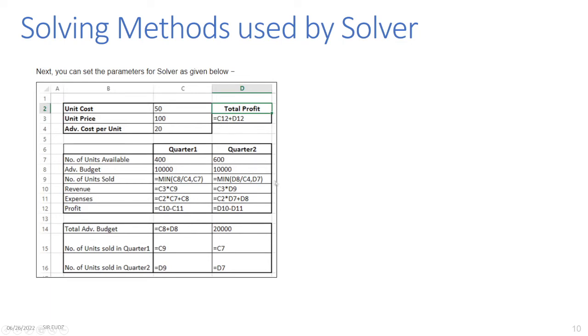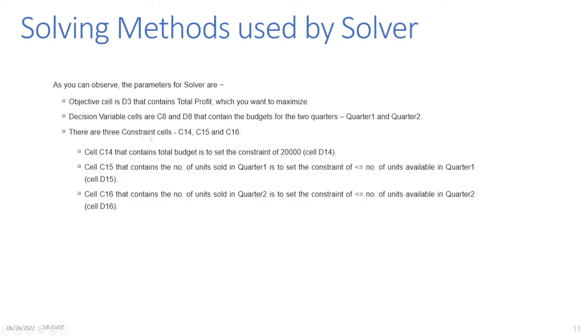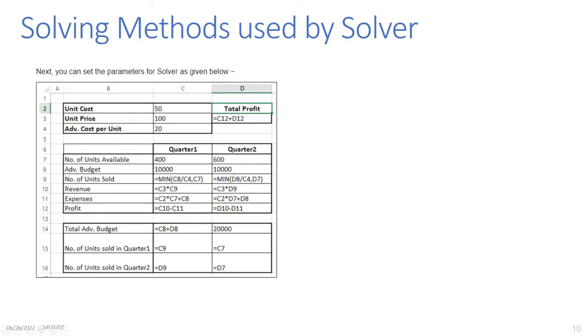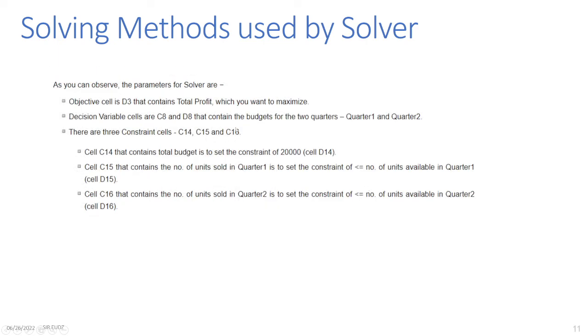This is what we want to maximize. Decision variable cells are C8 and D8. So we would like to know what will be the optimal budget for the first quarter and the second quarter.